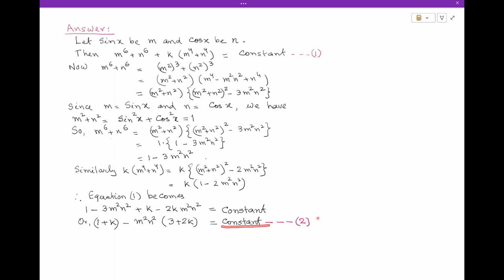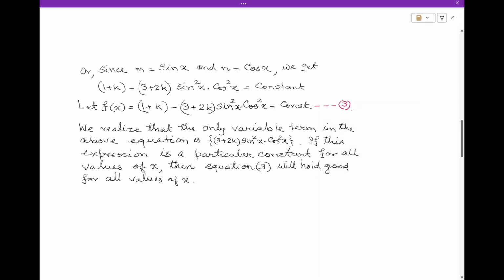Let us call it equation 2. Now, since m is equal to sin x and n is equal to cos x, we get equation 2 as 1 plus k minus 3 plus 2k whole multiplied by sin square x multiplied by cos square x is equal to a constant.